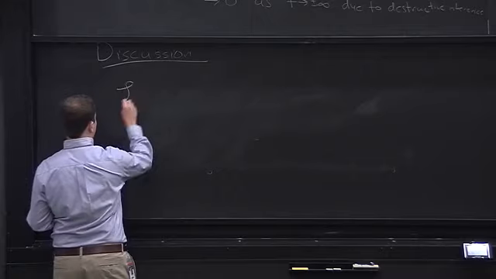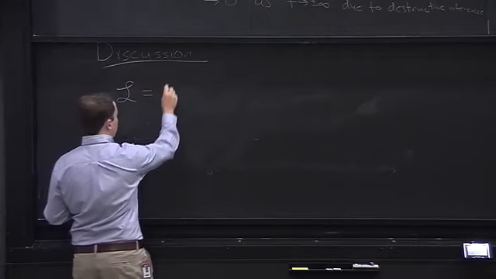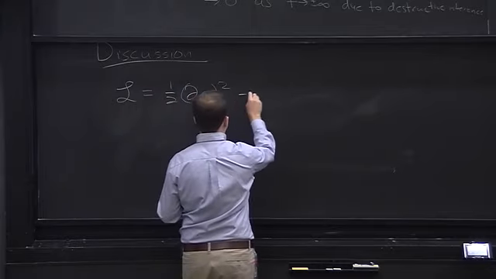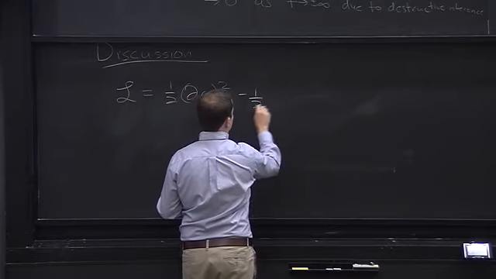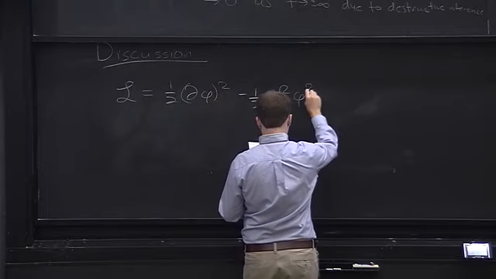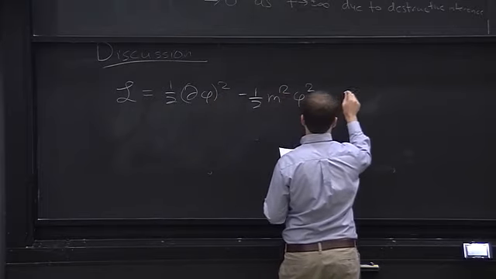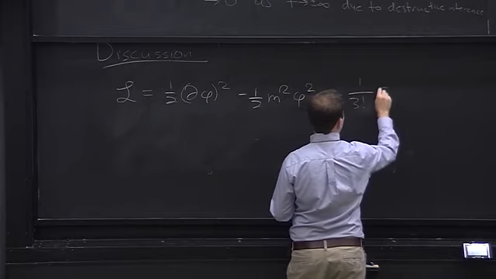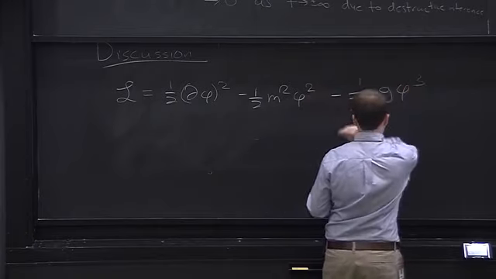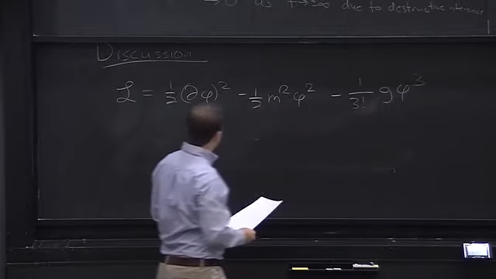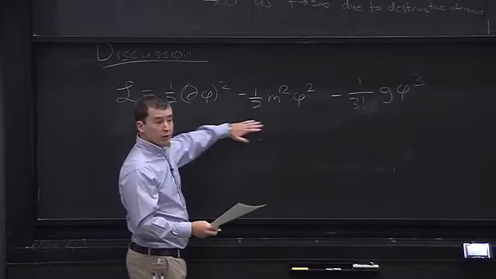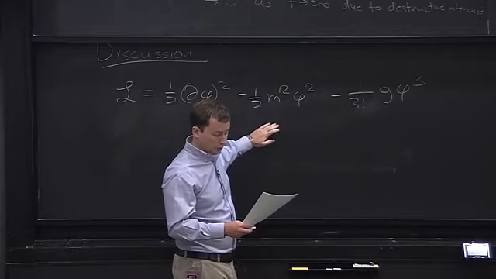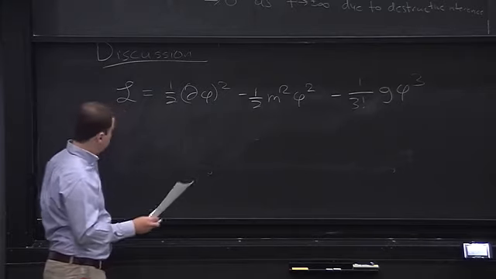Let's suppose we want to study scalar field theory, which has the Klein-Gordon terms plus an interaction term, like this. So this is an interacting field theory. We've got a new term compared to our Klein-Gordon Lagrangian.